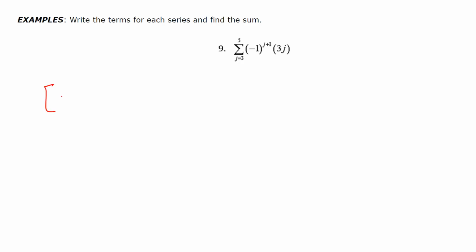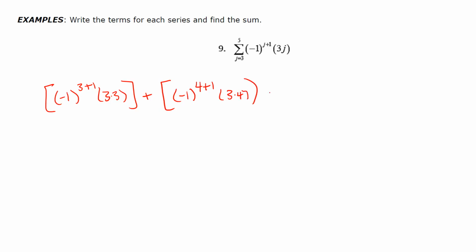So we'll start at the third term, so 3 plus 1, and then 3 times 3, and then we'll add it to the fourth term. So wherever I see a j, I'll be adding 4. Oh, that should be a bracket. Now I'll just rewrite it so it's cleaner.